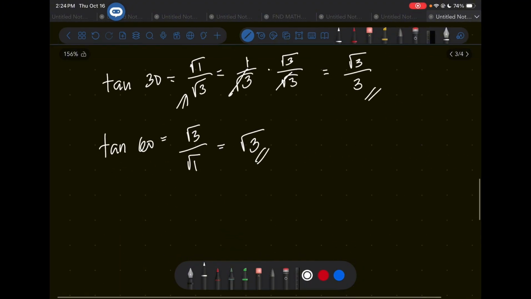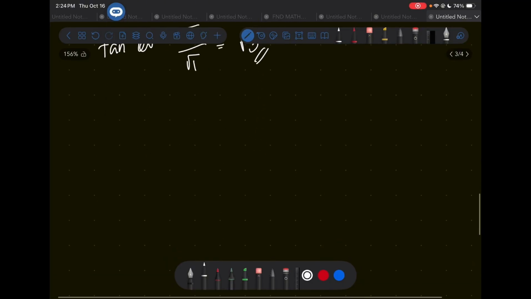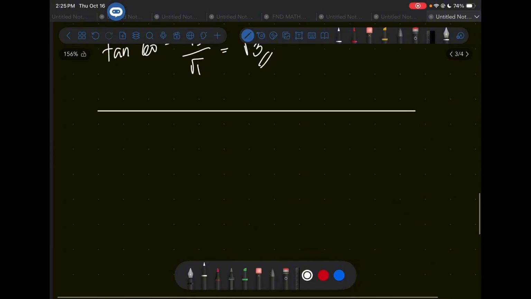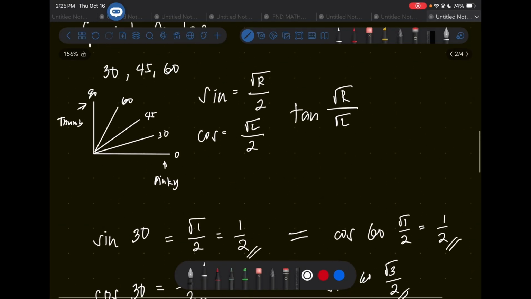Now let's proceed to 45. Sine 45. 45 is just the exact middle of this, so you're going to have 2 here and 2 here.